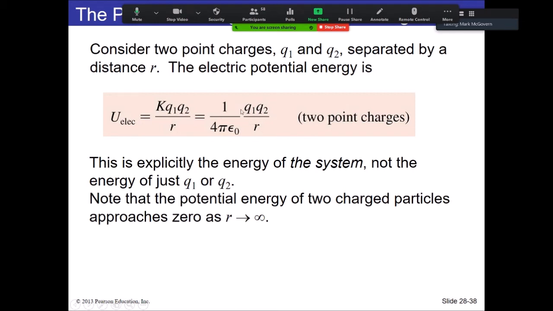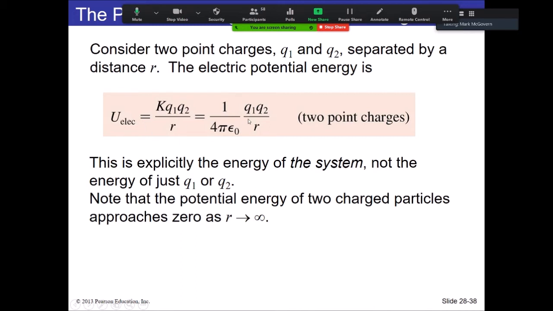Now, this is strange in a way, because normally, like we did with gravity and the uniform field stuff, we select a zero point: the ground is the zero point, or the negative plate, whatever. Well, this thing is never actually zero, not technically. But as r gets really, really large, this approaches zero.